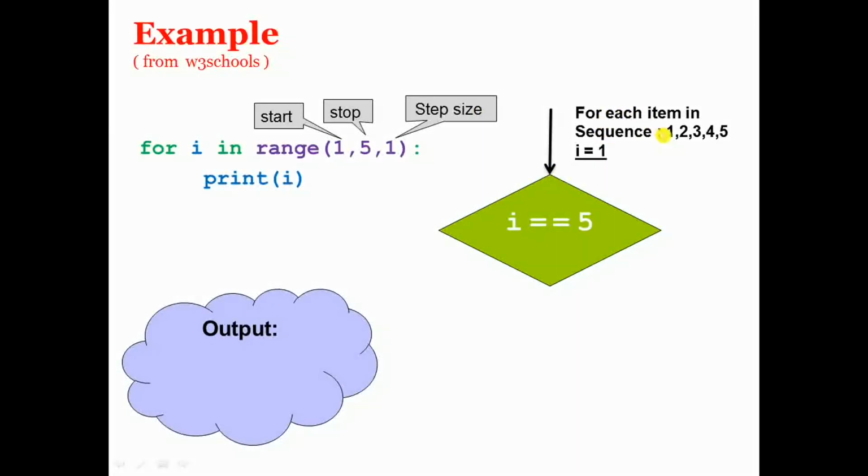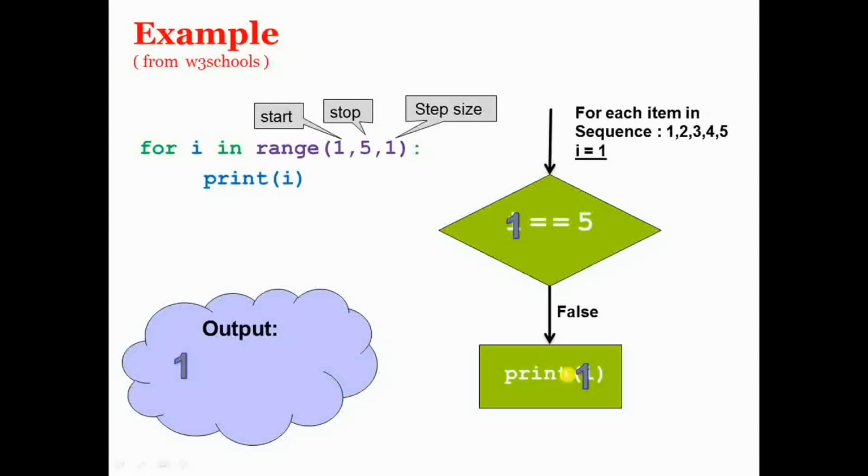Firstly, we have a sequence of numbers. It started with 1 and the stop point is 5. So this is our sequence. Firstly, I will be equal to 1. This is the first member of the sequence. Now, 1 is equal to 5. Is it correct or false? It is false. So it will go to here and it will print I. So what was I?